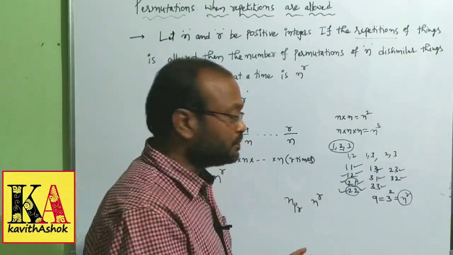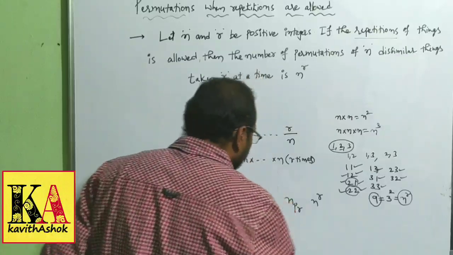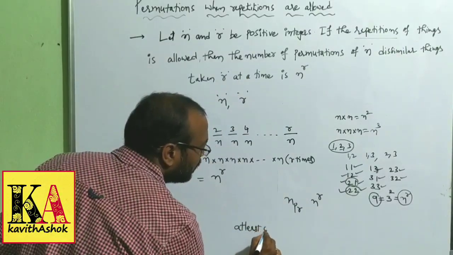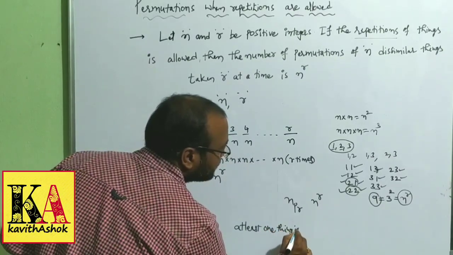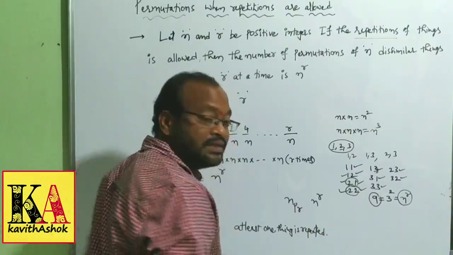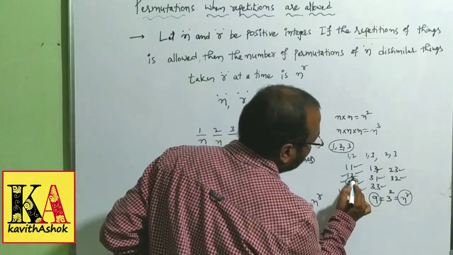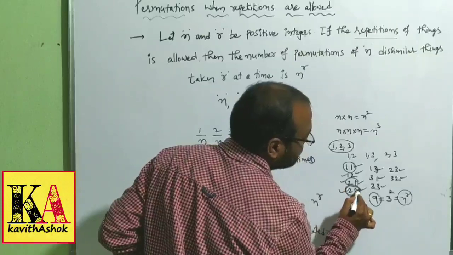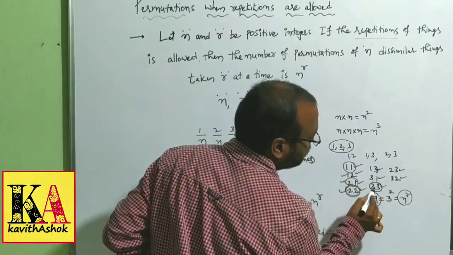Suppose in these things, a total of 9 things are given, and at least one thing is repeated. Look here now. This is repeated, this is repeated, this is repeated: 1, 2, 3.